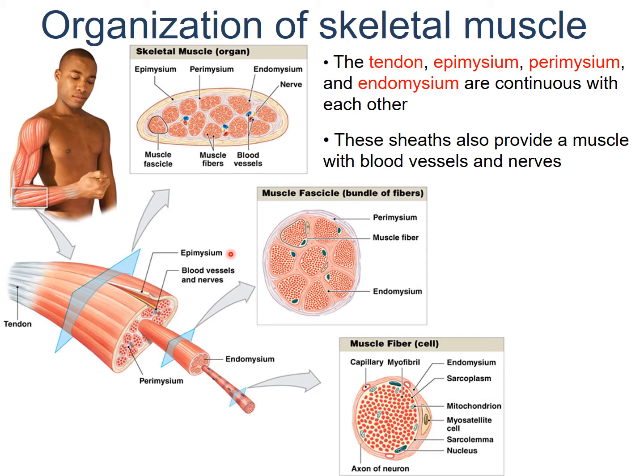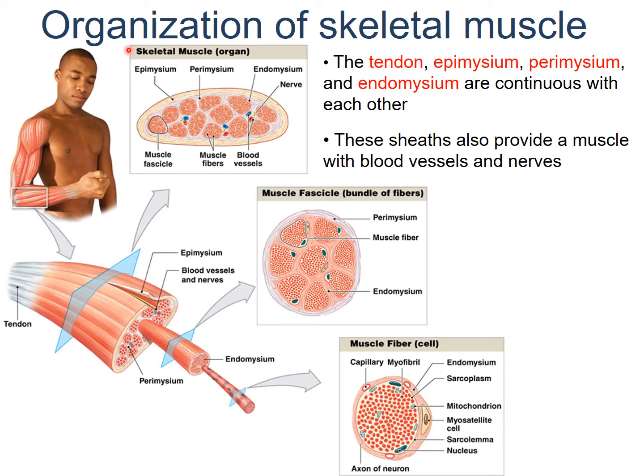And if we were doing this in lecture, I would ask you this repeatedly over and over again. But that's really all there is to it. So if you look at this blue square right here, what they're trying to do is indicate a cross-section through the muscle organ, and then they're projecting that up here.